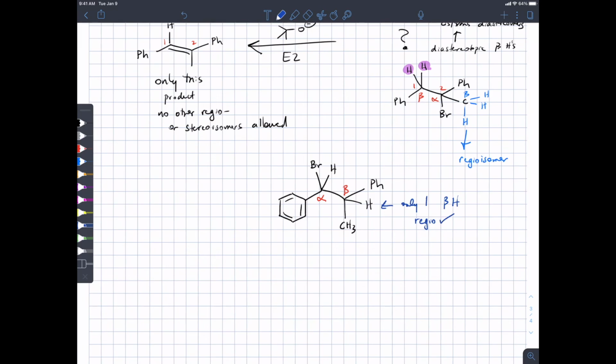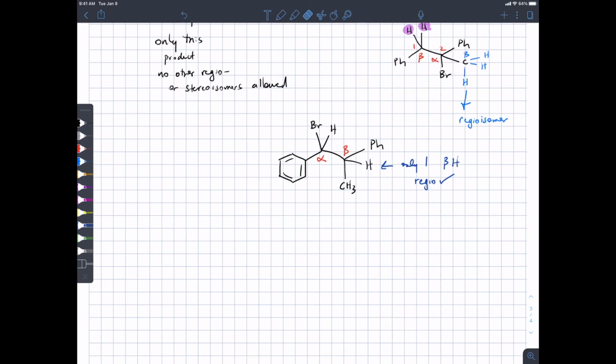Now we've got to worry about stereochemistry, because if we get the up and down relationships wrong here, we could make the wrong isomer. So let's put the bromine with a wedge. Now we've got to figure out what the stereochemistry of that beta carbon should be.